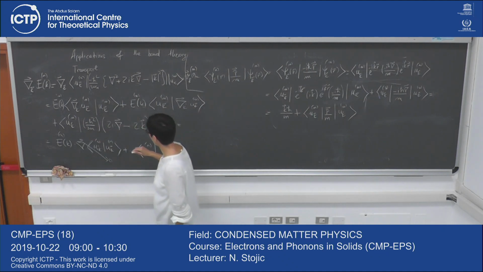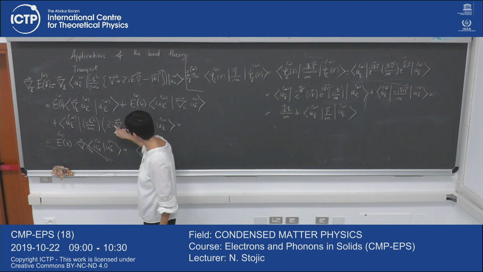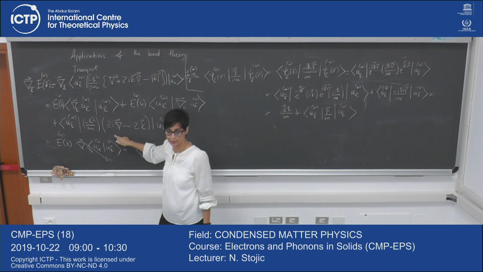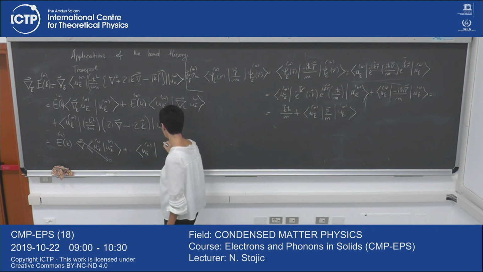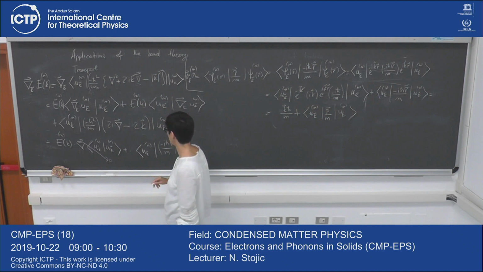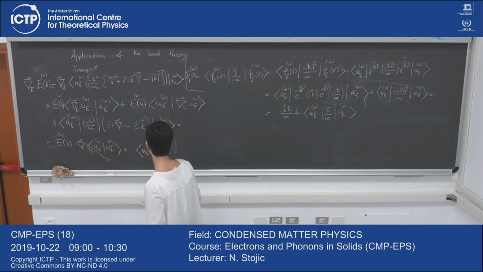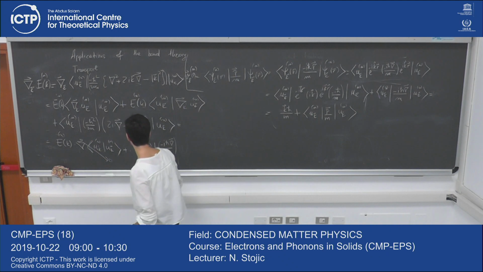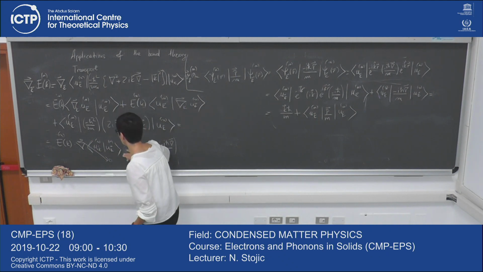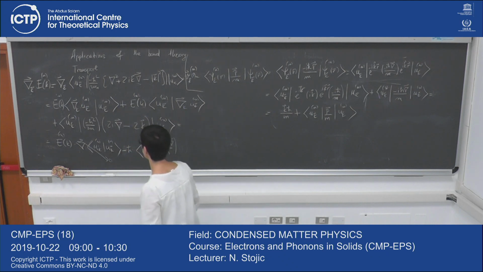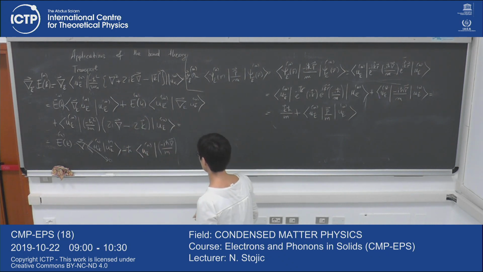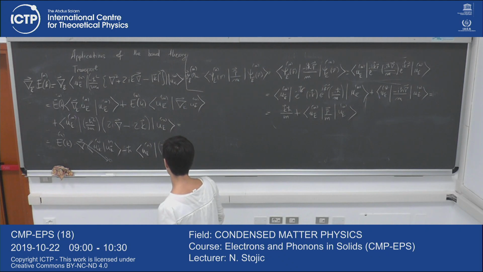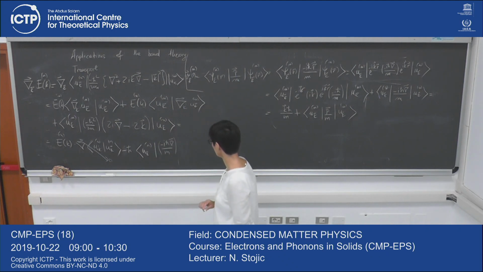So, if I add one h here and m, I'm getting the p operator. Okay, so I'll write minus i h gradient over m, and 2 and 2 cancel, and I'm left with minus h... No, plus.